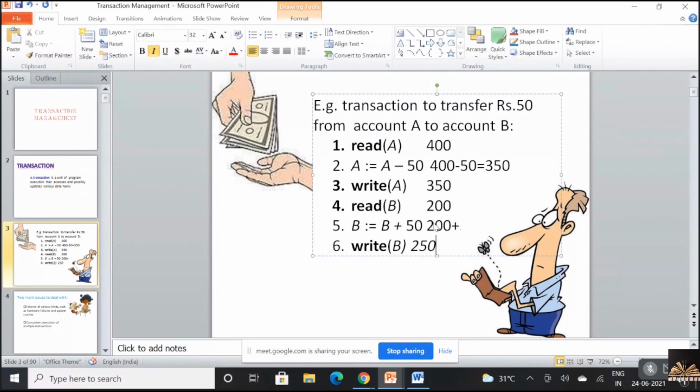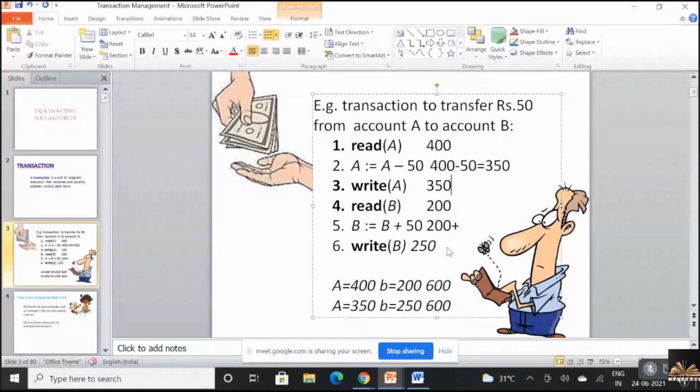Now see, before the start of the transaction, A had 400 and B had 200. And A plus B was 600. Now, after the completion of the transaction, A = 350 and B = 250. A plus B is again 600. So before and after the execution of a transaction, the database must be in a stable state.